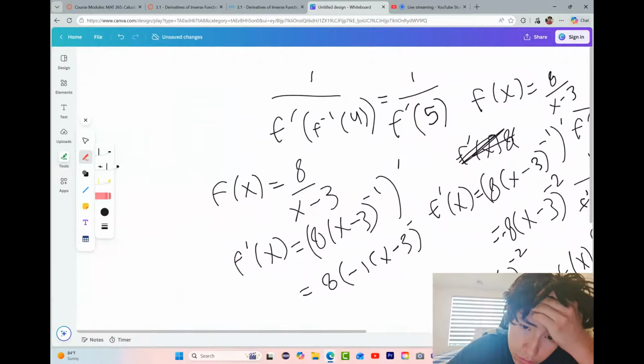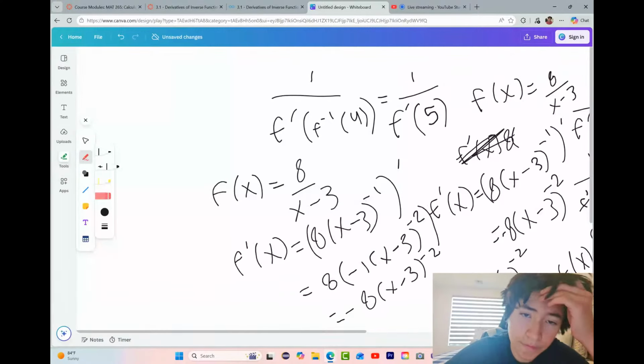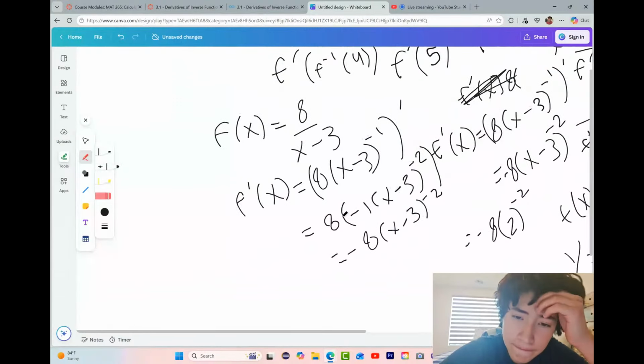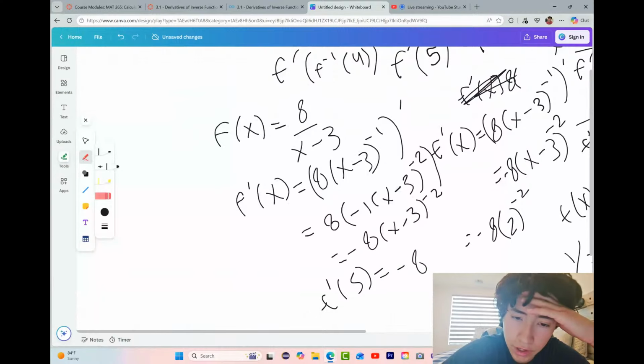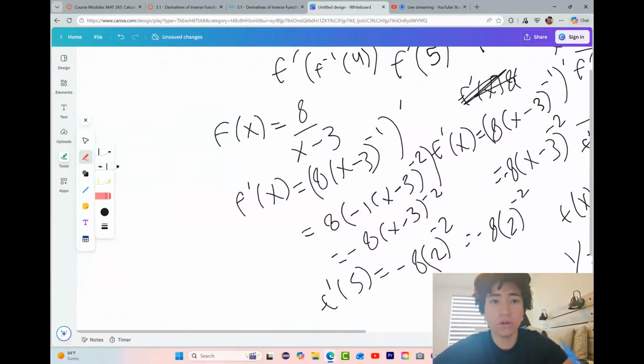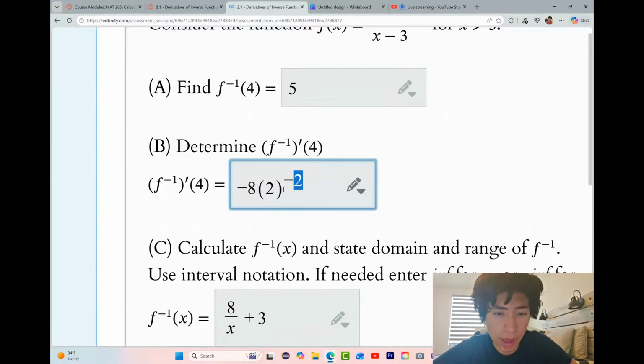Negative 3 equals negative 8 x minus 3 to the power of negative 2. And you want to find f prime of 5. So f prime of 5 is going to be negative 8, 2 to the power of negative 2. Is that not what we have? I'm not sure I understand.